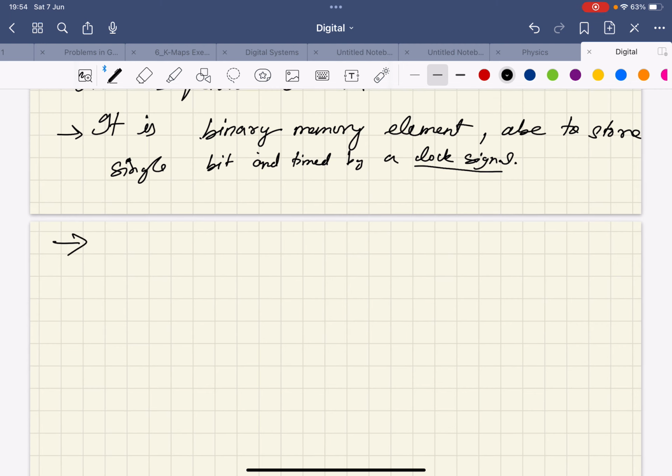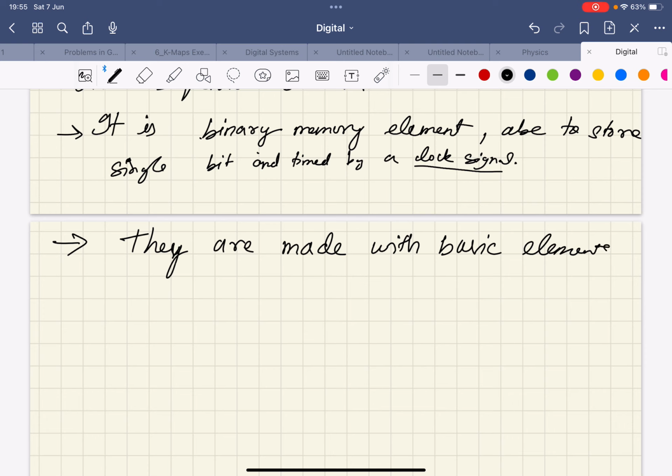And they are made with basic elements called latches. Let me write it. Latches. Okay. They are made with some very basic elements, which are called latches.